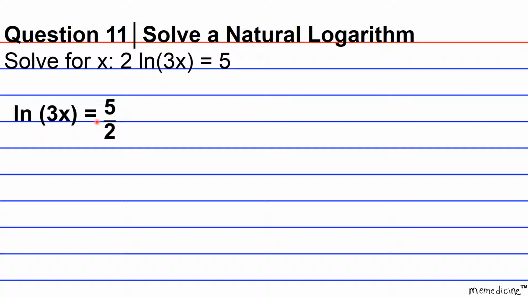And in order to undo the natural logarithm on the left-hand side, we have to raise both sides of the equation to the base specified. The base specified in ln might not be so apparent if this is your first time encountering the natural logarithm, but it's actually e.